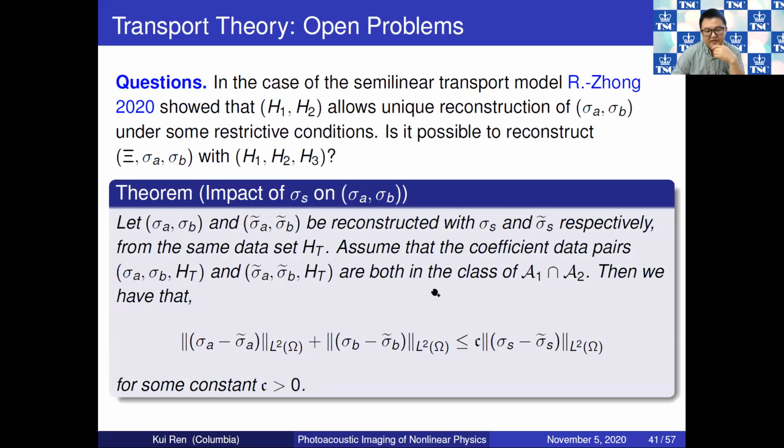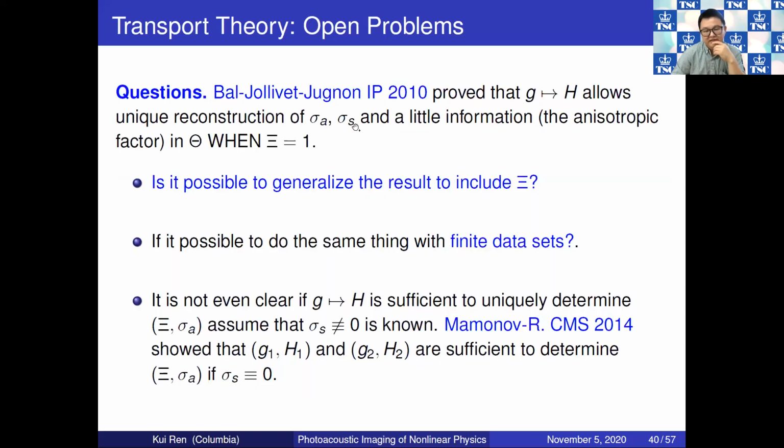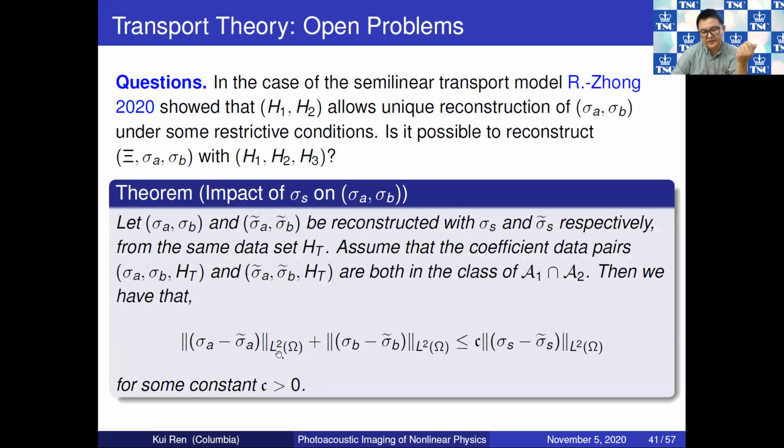All right, I mentioned that you don't care about sigma S. There's a reason that you can forget about sigma S for practical purposes, but also there's a stability estimate that tells you that sigma S has an impact on the other coefficients in the reconstruction process in a very controlled way.